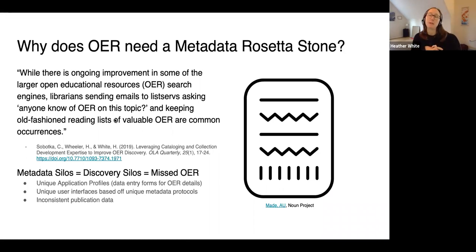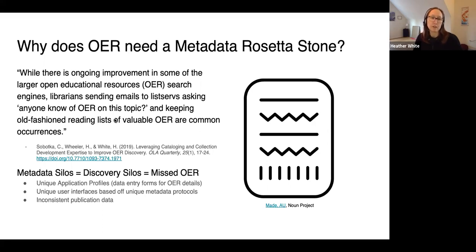So why does OER metadata need a Rosetta Stone? While there is ongoing improvement in some of the larger OER search engines, librarians sending emails to listservs asking, anyone know of OER on this topic? And keeping old-fashioned reading lists of valuable OER are still very common occurrences. The reason for this is the metadata is not consistent.